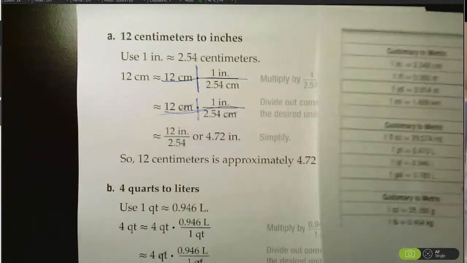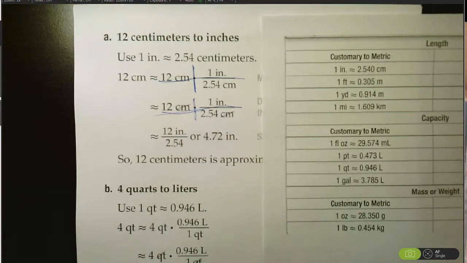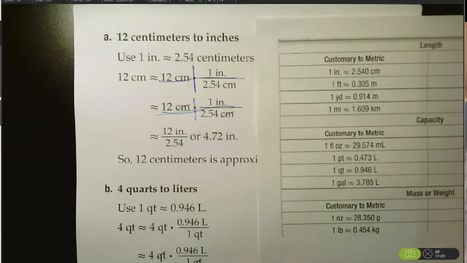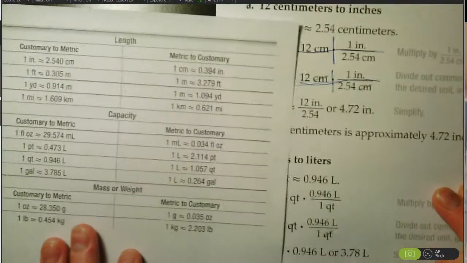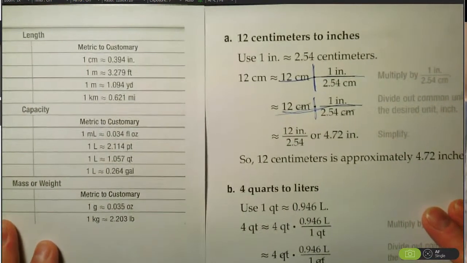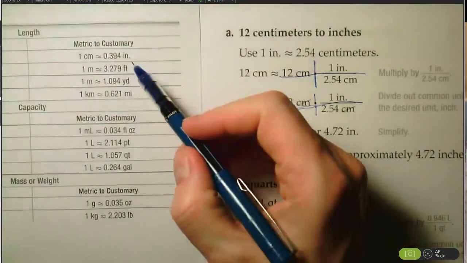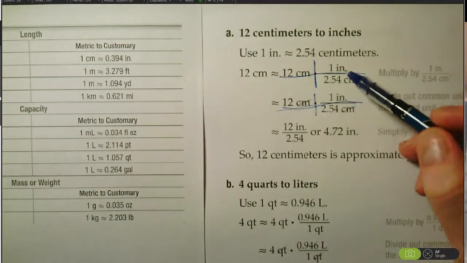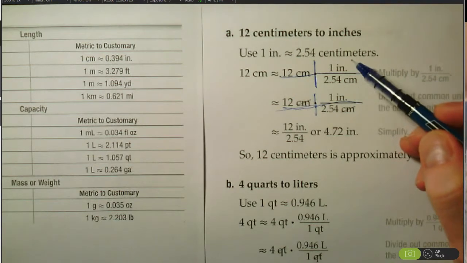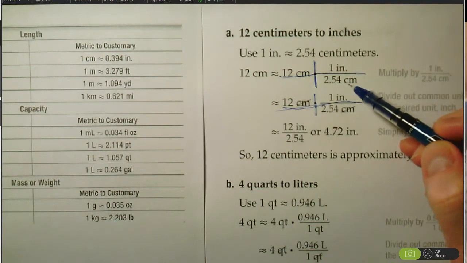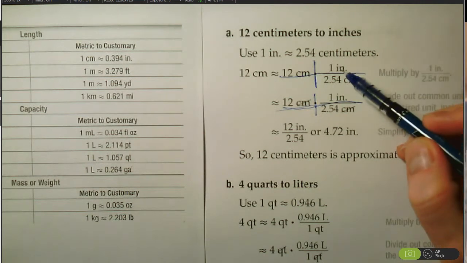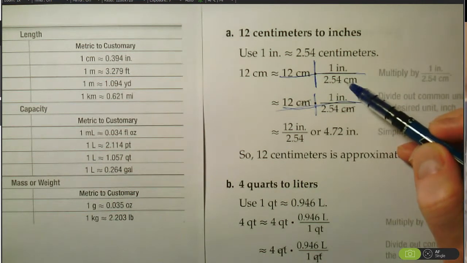They could have also used that 1 centimeter is 0.394 inches. The only difference is that instead of this being 1 over 2.54, it would have been 0.394 inches over 1 centimeter.